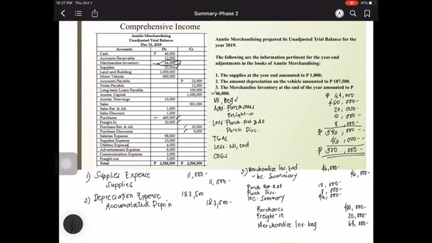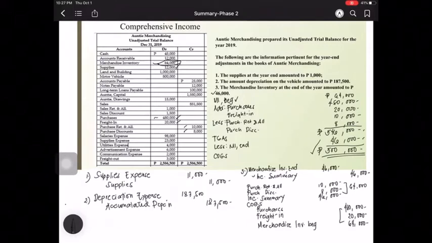Not yet, because the difference between the total credit and the total debit must be the same amount of cost of goods sold that we have computed here. If you try to total your debit and your credit here, how much is that? For the total debit side, we have 10,000 plus 8,000 plus 46,000. The total is 64,000. On the other hand, your credit is 480,000 plus 20,000 plus 64,000.